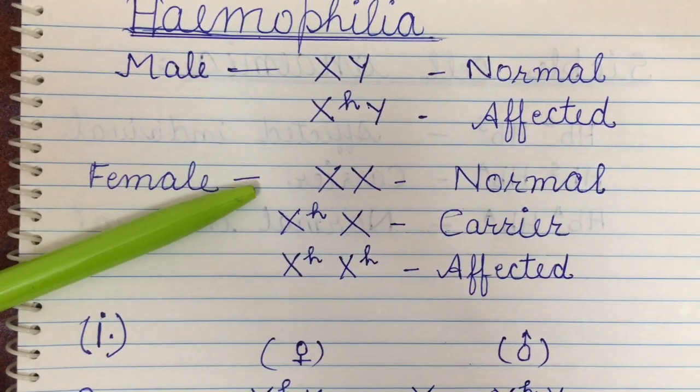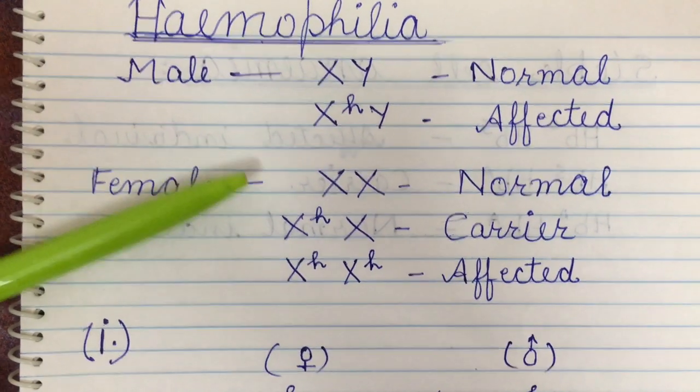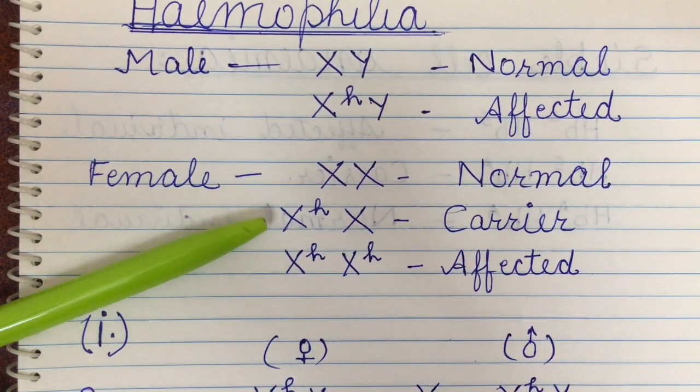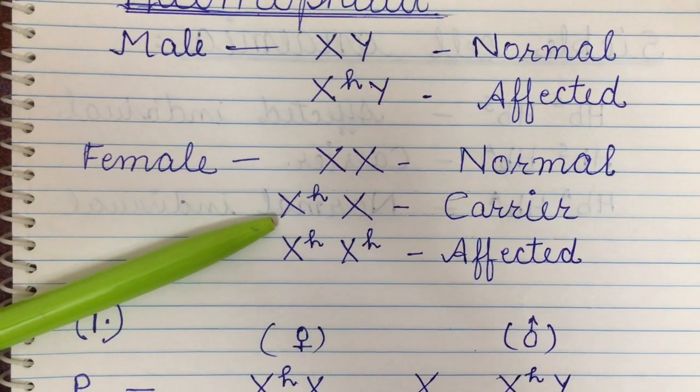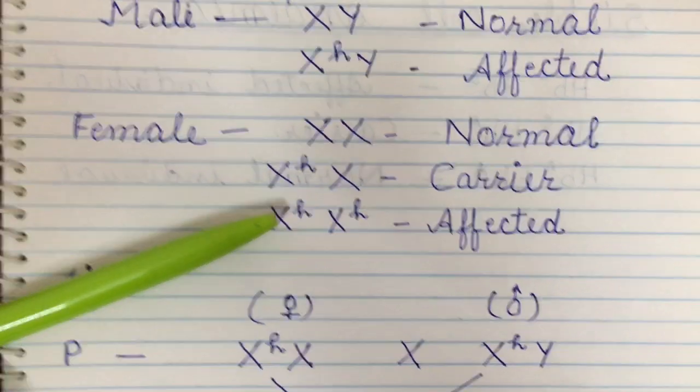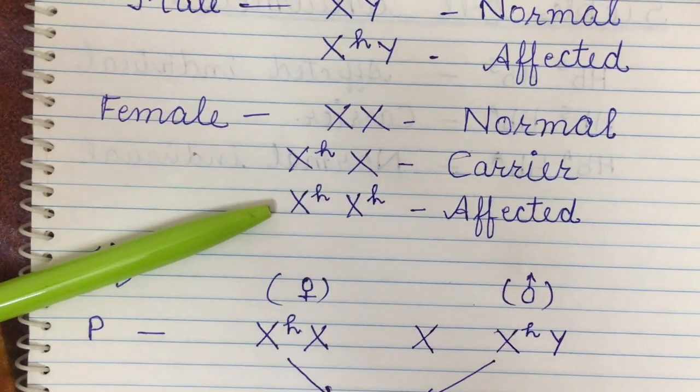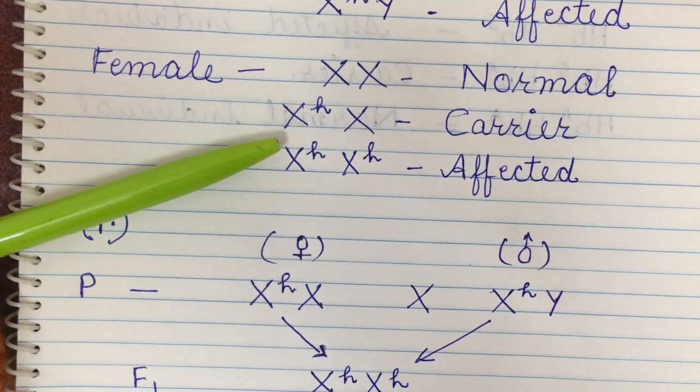For the normal female, the genotype is XX. If only one X carries the allele, that is a carrier. And if both the X chromosomes contain H, that is the affected hemophilic individual.